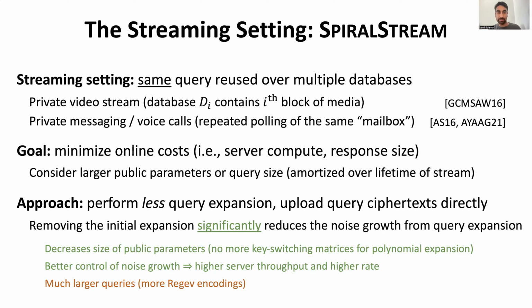As you know, when you reduce the noise, everything gets better. The throughput and the rate go up because there's less noise growth, and we can use a larger plaintext modulus. The downside, of course, is that we're uploading a lot more because we aren't getting that query expansion step. So the queries are much larger.